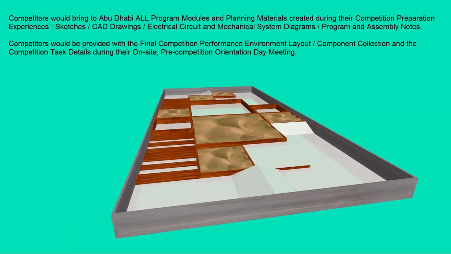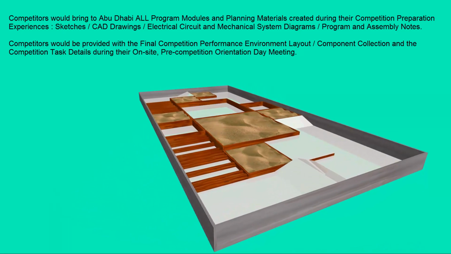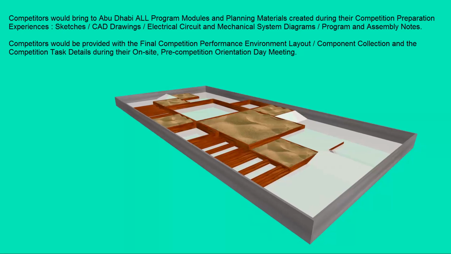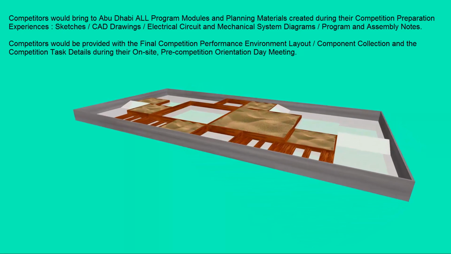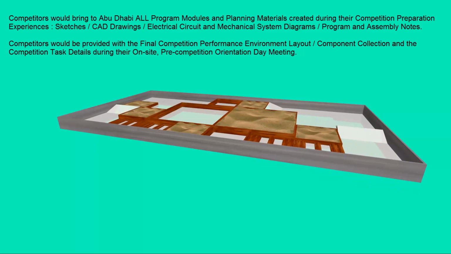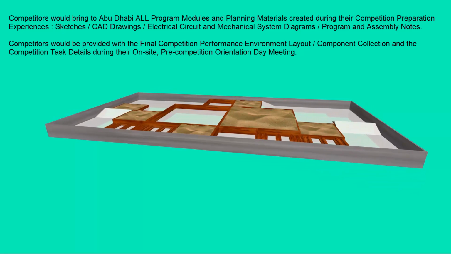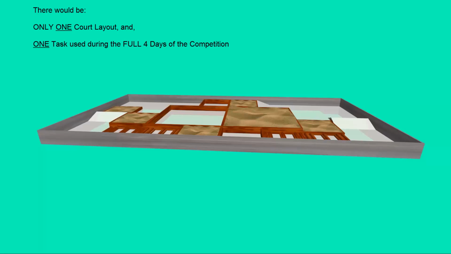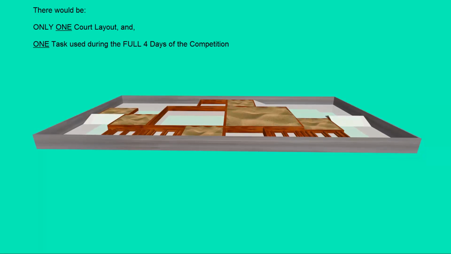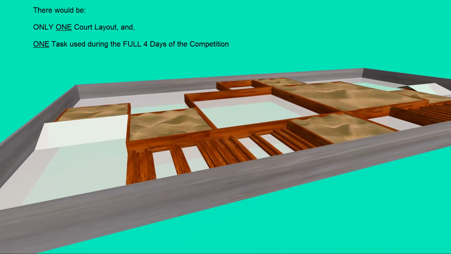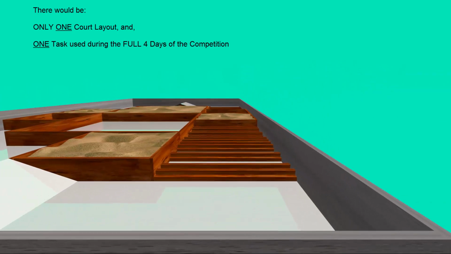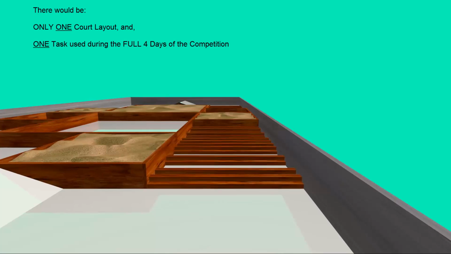Competitors would be provided with the final competition performance environment layout, component collection, and the competition task details during their on-site pre-competition orientation day meeting. There would be only one court layout and one task used during the full 4 days of the competition.